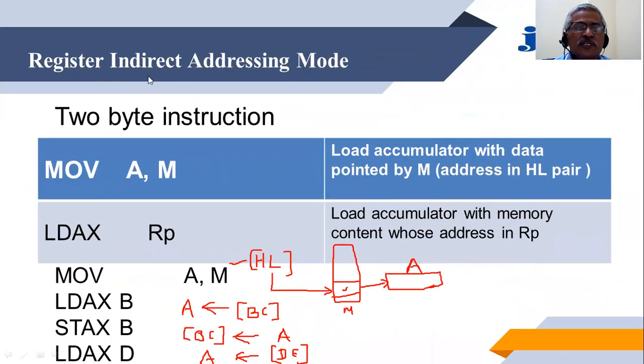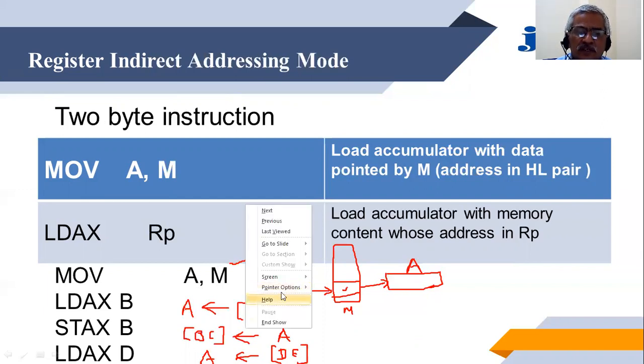Next addressing mode is the register indirect addressing mode. In these instructions, the registers referred to will hold the address. When we access the register, we basically access the address, and that address points to the memory from which the data will be fetched. For example, MOV A, M. Here M refers to the HL pair, which previously has been loaded with the address.